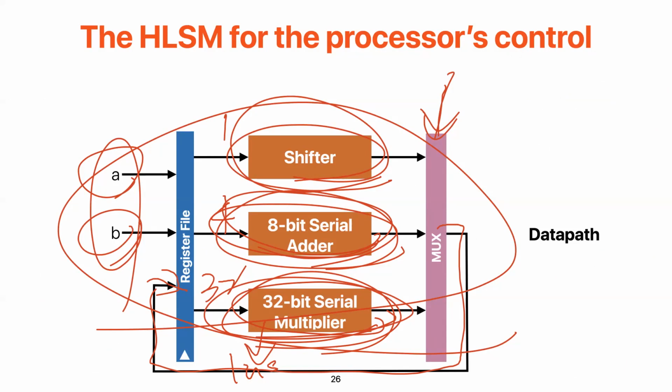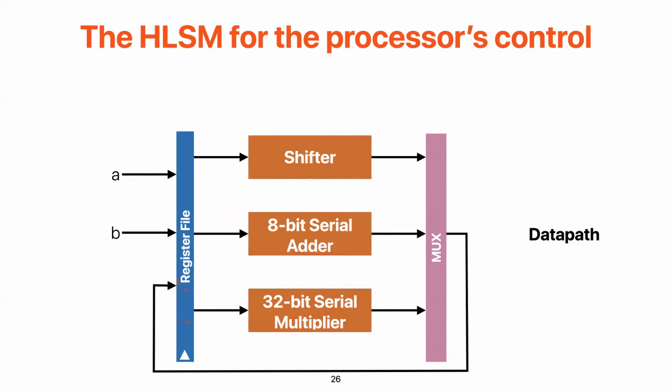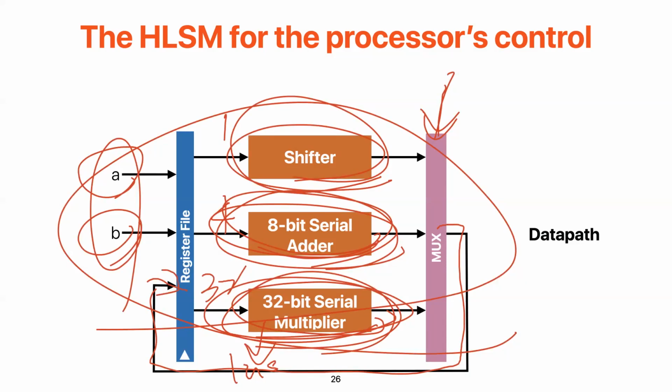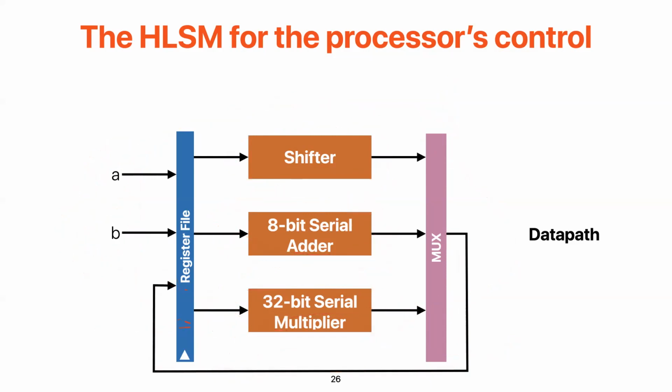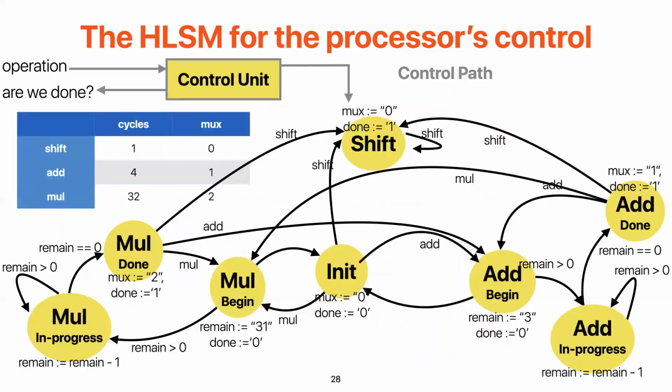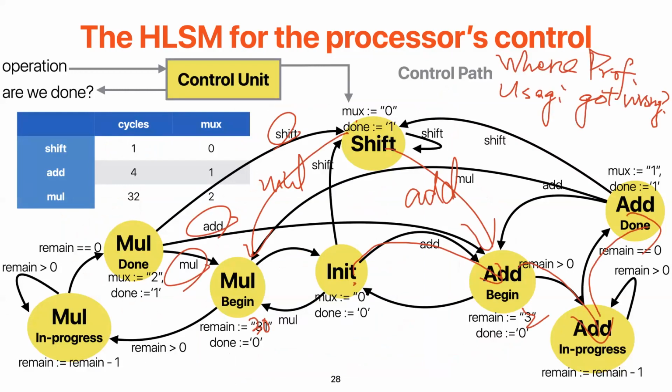We have to aggregate the result 4 different times or 32 different times. So it turns out that you need the mux to be set every time. You need the mux to be set in the beginning of your operation.